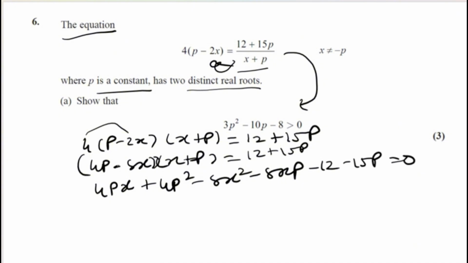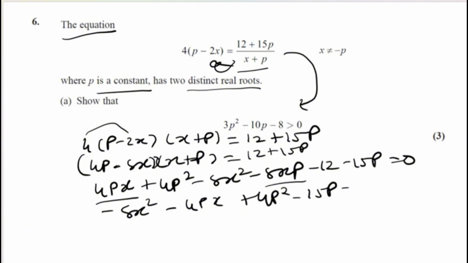I moved everything to the left hand side to write equal to 0. Now minus 8x squared, 4px minus 8px will give us minus 4px plus 4p squared minus 15p minus 12 is equal to 0.